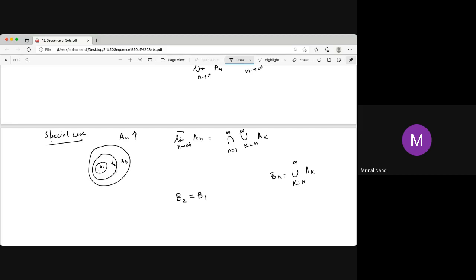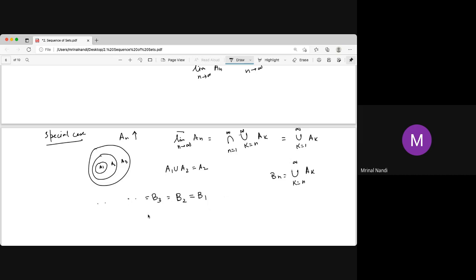So A1 union A2 is actually A2. Similarly, A1 union A2 union A3 is actually A3. So all our B_n's are equal. And since all B_n's are equal, this intersection is just B1. And what is B1? B1 is the union of all this, so it is just the union of k equal to 1 to infinity. And that is how we define the limit. So lim sup and the previous concept of limit are the same.